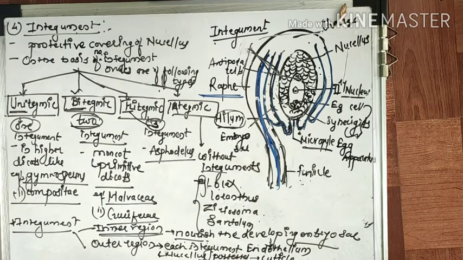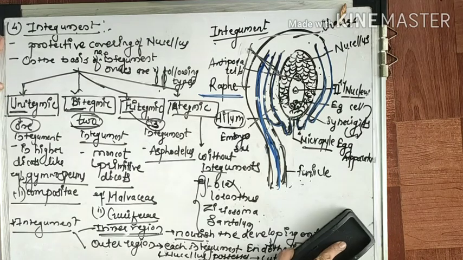Understood? These are the types of ovule on the basis of number of integuments, and the regions of the integument: inner is responsible for nourishment, and the outer region plus nucellus forms the cuticle.